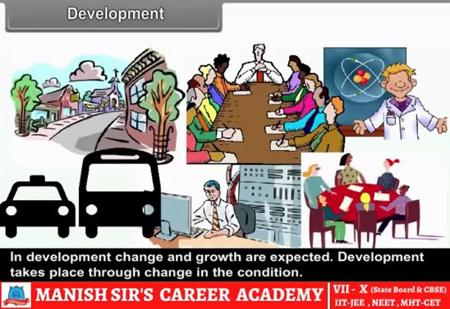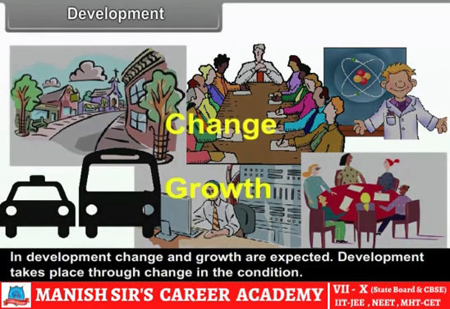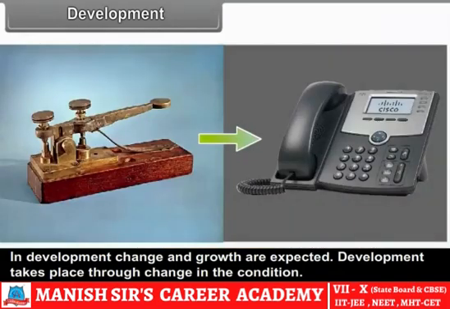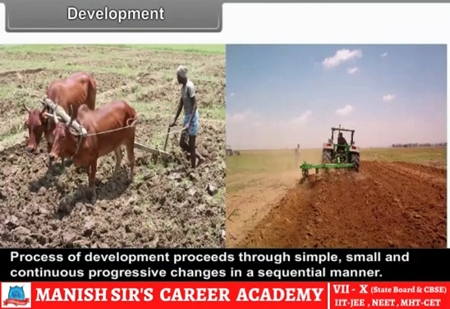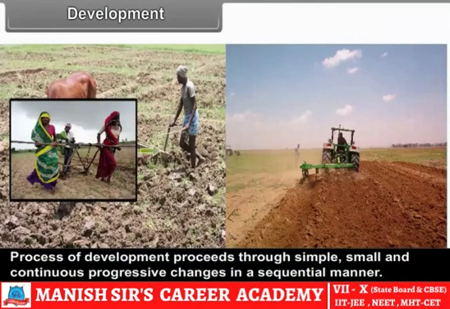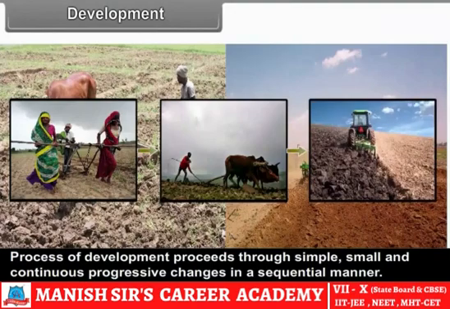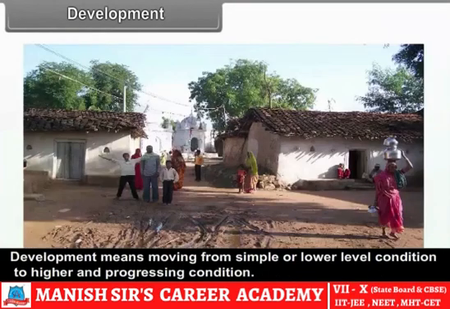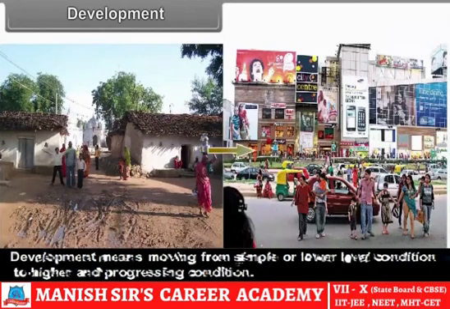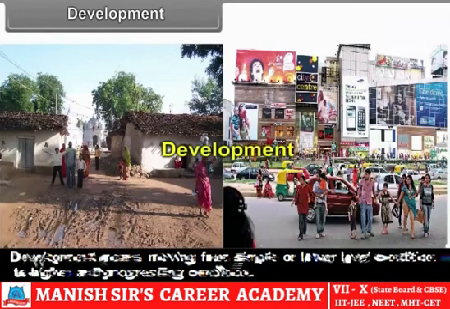Development. In development, change and growth are expected. Development takes place through change in the condition. The process of development proceeds through simple, small and continuous progressive changes in a sequential manner. Development means moving from simple or lower level condition to higher and progressing condition.